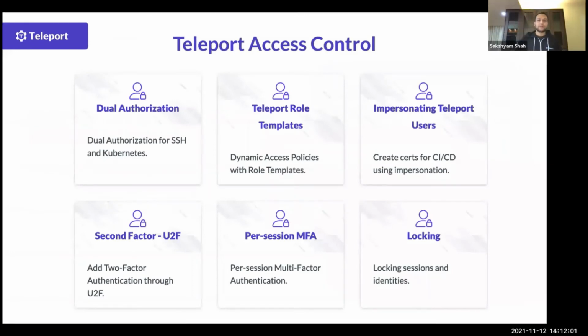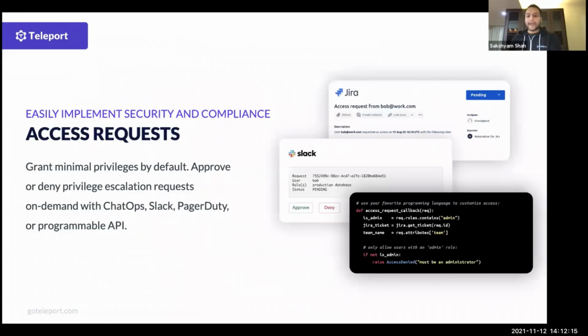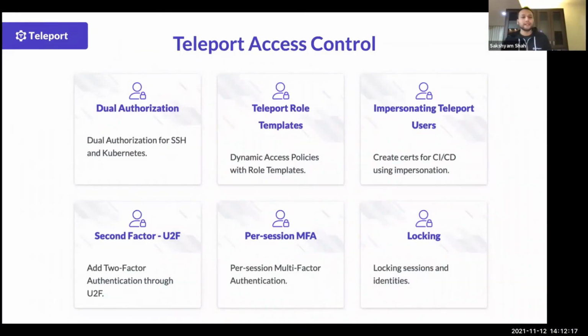Apart from certificate-based authentication, role-based access control, session recording, and replays, Teleport also supports dual authorization, which is related to the access requests that we presented earlier. Teleport also allows you to define role templates that can be used to assign policies dynamically to users who access your infrastructure.